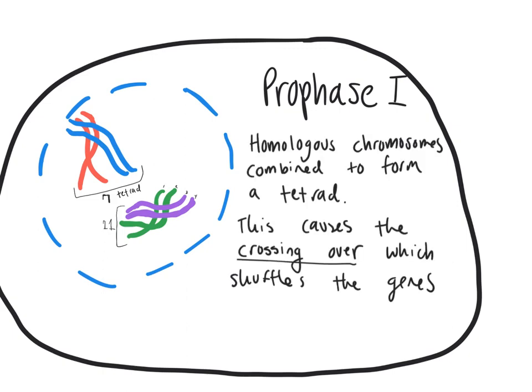The whole point of this, and the reason why the crossing over is such a big deal, is because it gives human beings a lot of our genetic variation. It ensures that you don't just look like one parent, but a combination of both. So it gives you the opportunity to inherit a decent amount of good genes from both parents that hopefully will outweigh any bad genes you may have received.